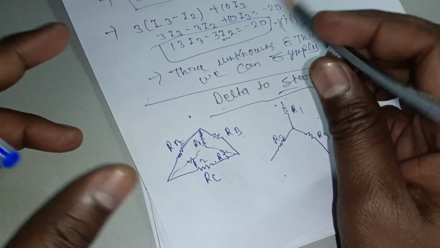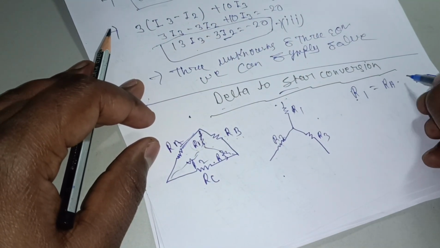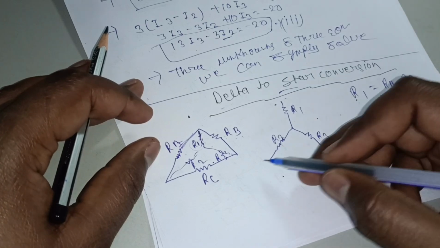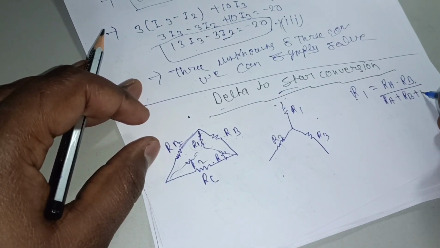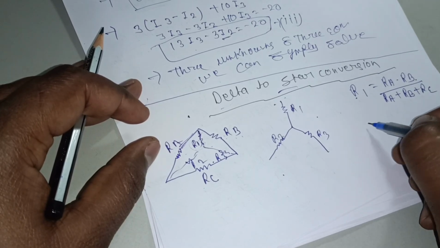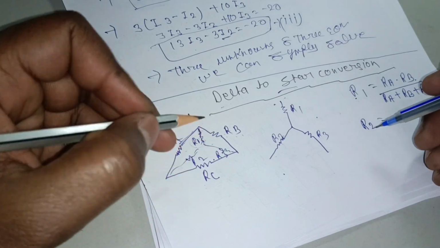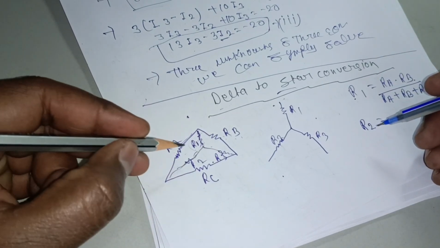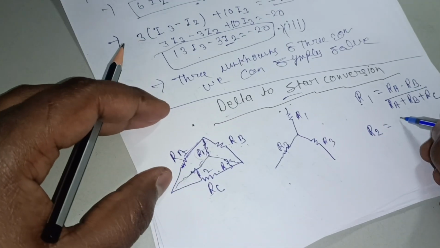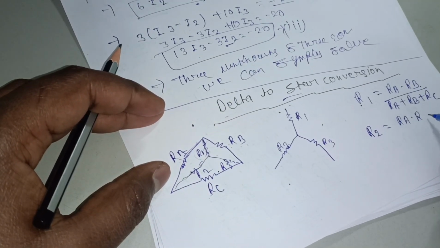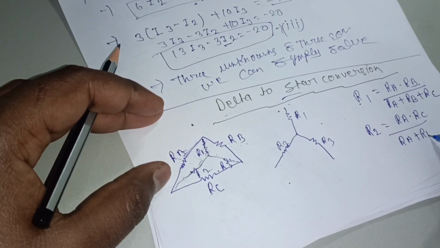So R1 is equal to RA into RB upon the addition of everything, RA plus RB plus RC. Got it? Now suppose we have to find R2. R2 is in between RA and RC, so it will be RA into RC upon RA plus RB plus RC.